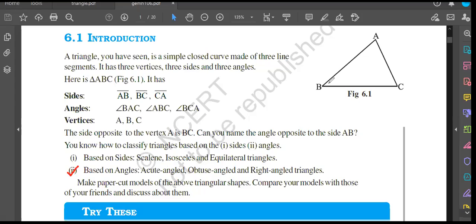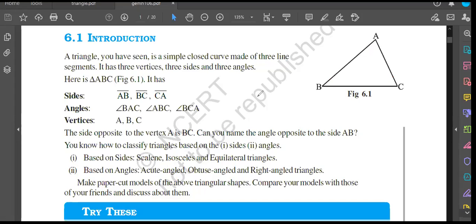For example, this triangle, what do you think? Is this an acute angle triangle, obtuse angle triangle, or right angle triangle? All the angles should be less than 90 degrees.